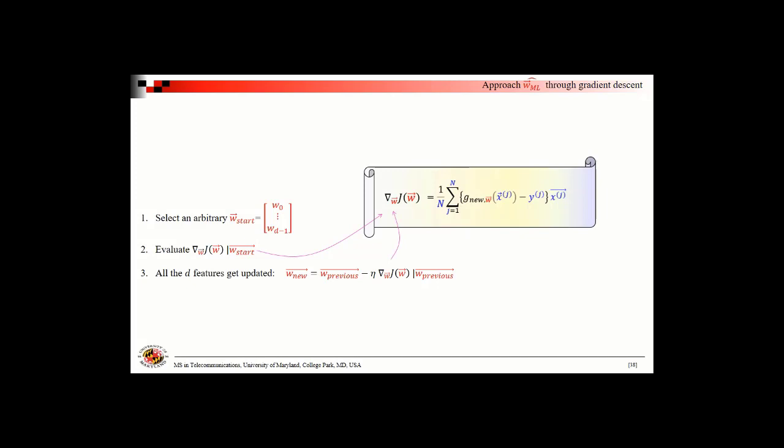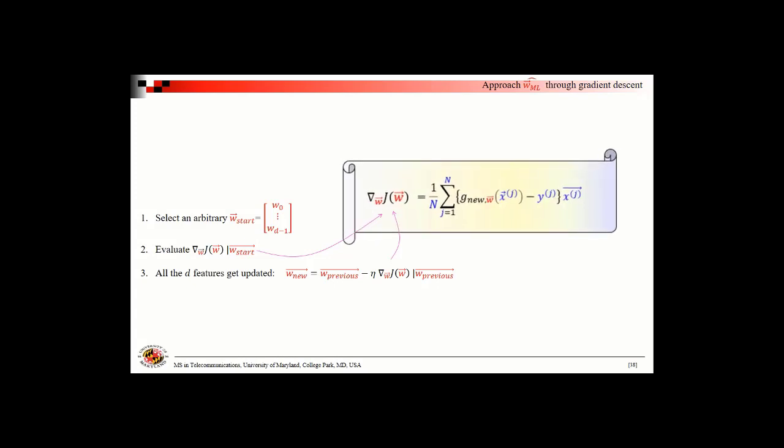It's 1 over n, summation from j equal 1 to n, of the discriminant function evaluated at each feature vector minus each label, quantity times the feature vector. So now we have it, we can just plug it in. And every time you update, what you do is you take the previous w and you subtract from it the learning rate times the gradient evaluated at the previous w point. And that's it.